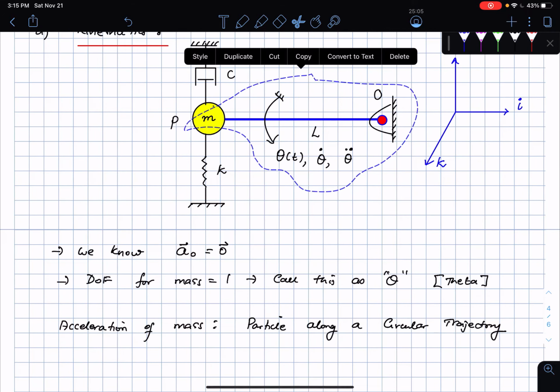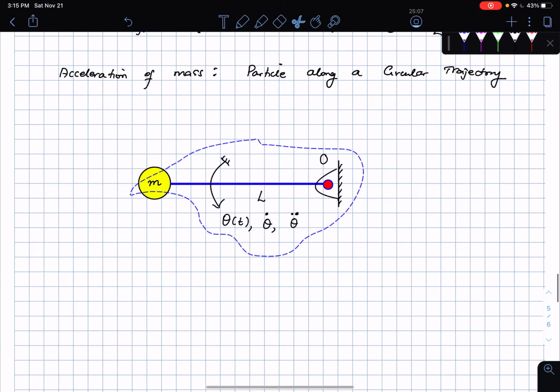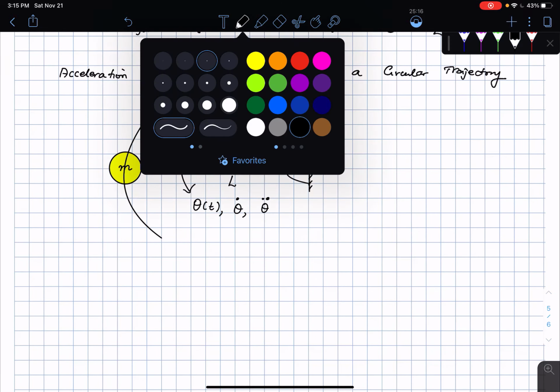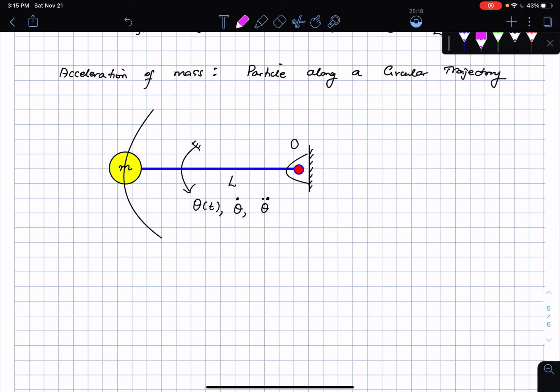I'm going to capture this and bring it down here. This is a circular motion for the mass. Even though I've drawn the mass to be pretty large, it is still going to perform only circular motion, as you can realize. I'm going to call this direction e theta, and this direction here is going to be er.